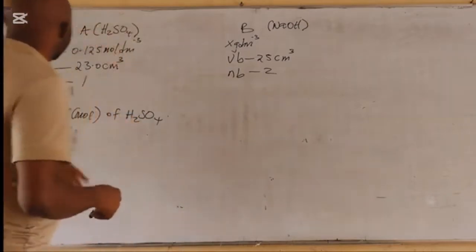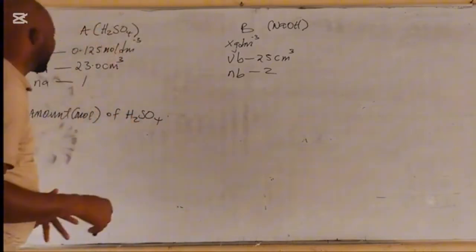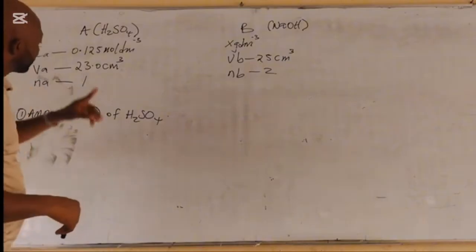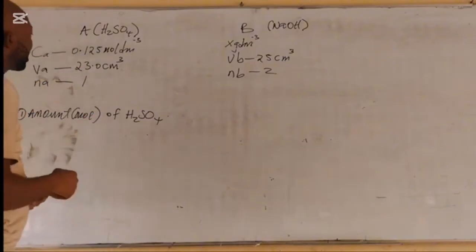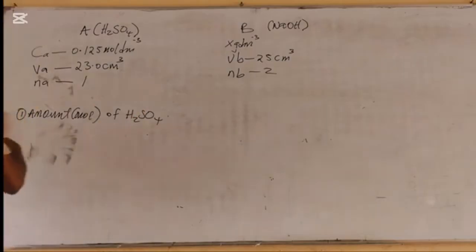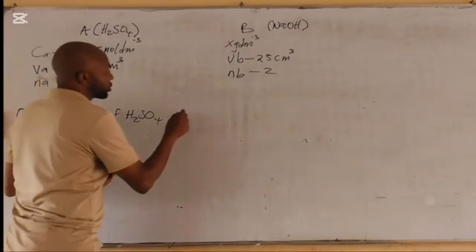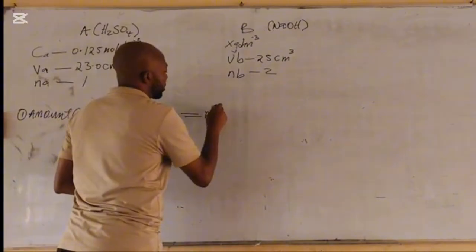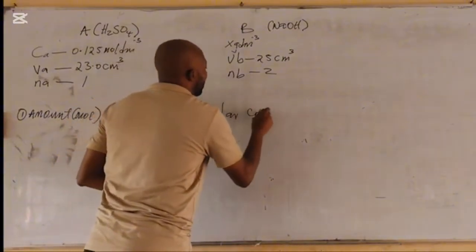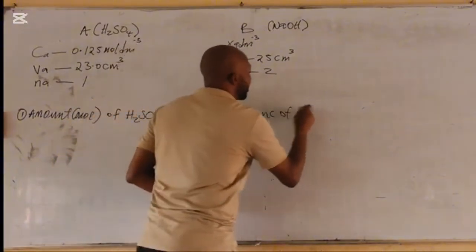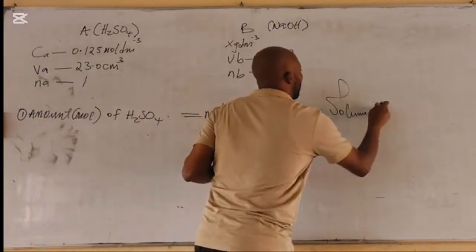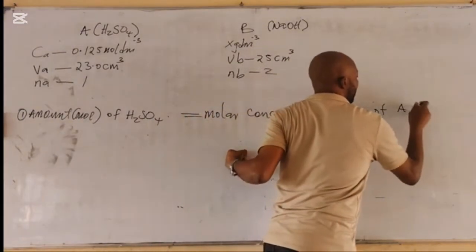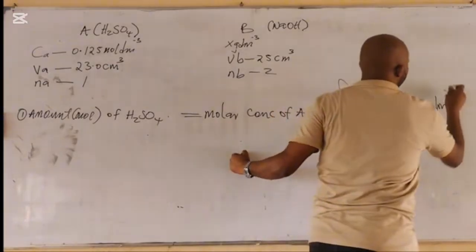Okay? So, in that sense, therefore, we will be using the second formula, which is amount is molar conc times volume. So let's see, amount of this is equal to molar conc of A times volume of A in dm cube.